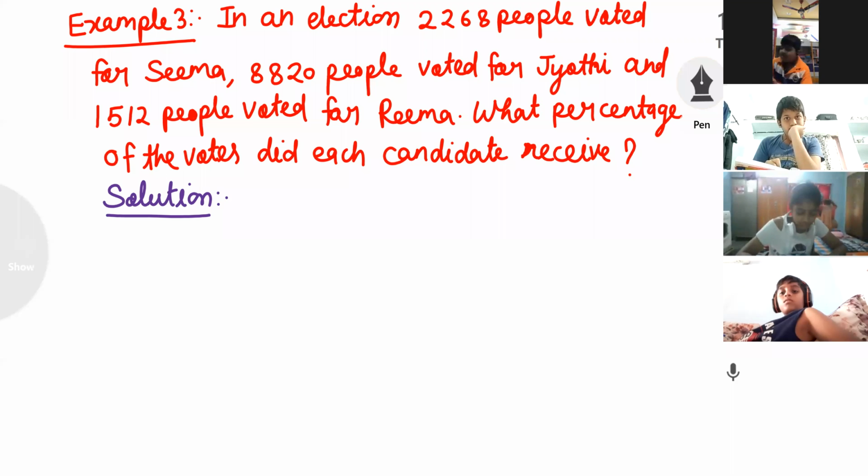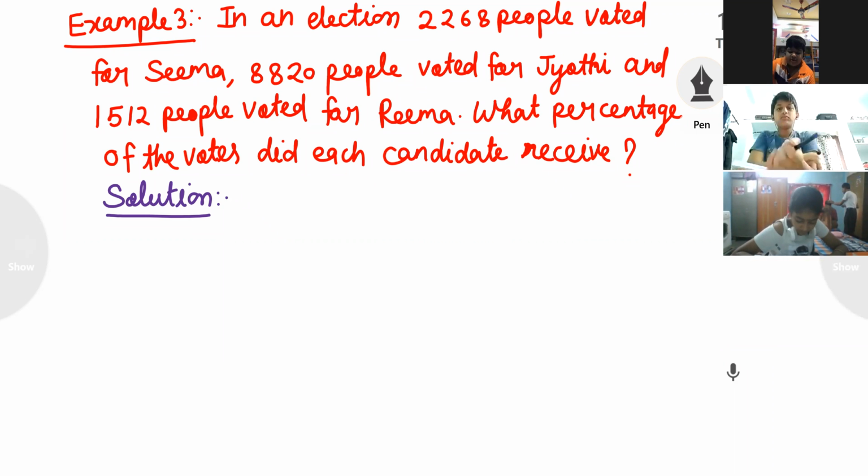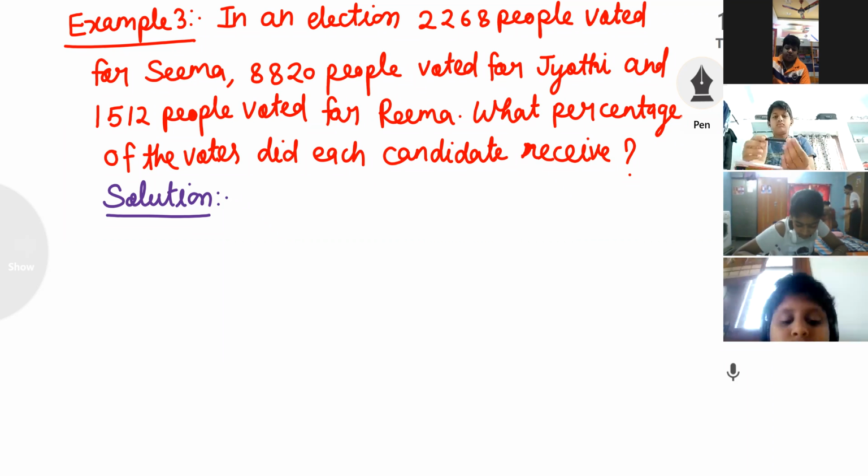In an election, 2,268 people voted for Seema, 8,820 people, 1,512 people. It means firstly I want to find out total number of people.